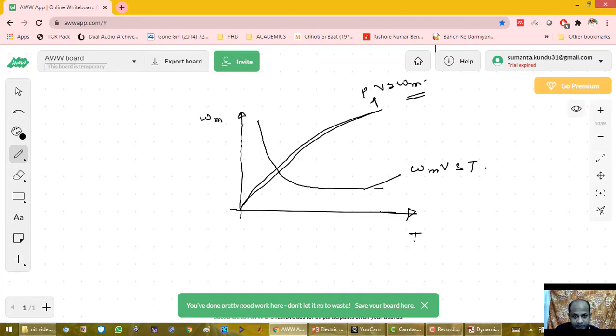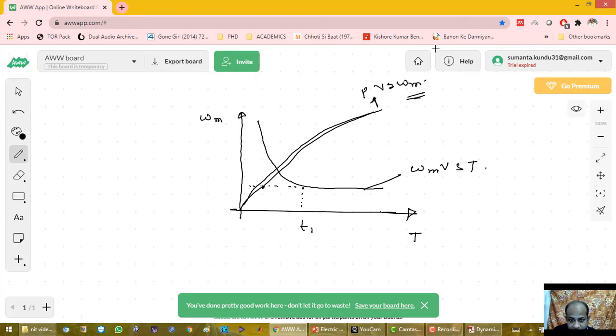Now for a particular time t1, we can easily get the value of speed.